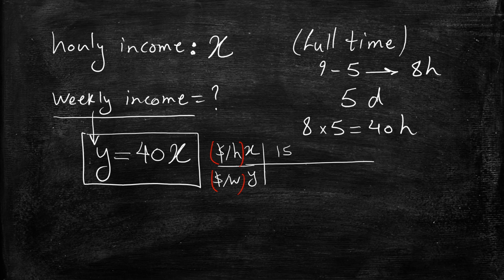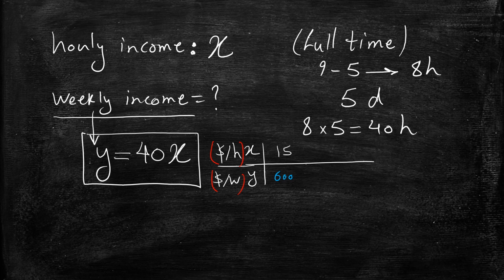What will Y be? We can calculate this on our scratch paper. Y equals 40 times 15, so if you calculate that, that is $600. So Y will be 600 if X is 15. For any hourly income, you can calculate your weekly income.